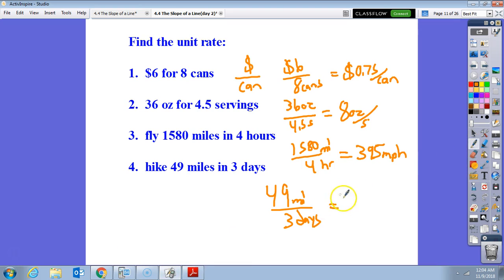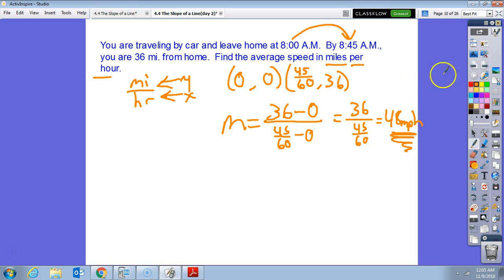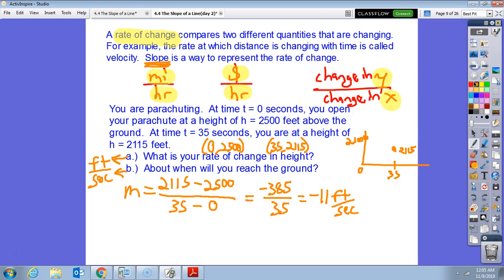So we can round that. Approximately 16.33 miles per day. Now you may more likely in real life say about 16 1/3 miles per day. You may not say 0.33 repeated to somebody. But notice you're finding the rate that something is moving. Just like we did here.